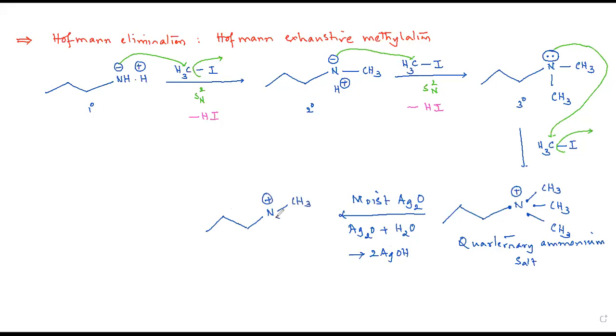Take the same thing again. Consider a hydrogen this way. Now using, say, OH minus of the silver hydroxide, let us do this. Take out the H plus, I mean without the bonded pair, this comes here, and then this goes here. That's it. This is what happens.